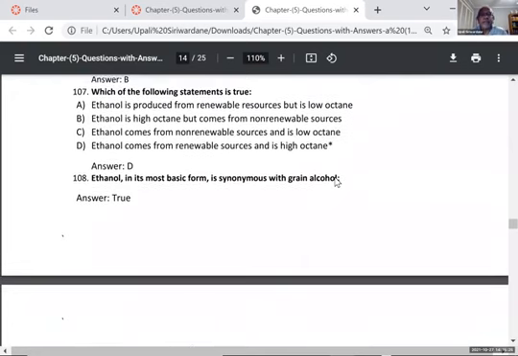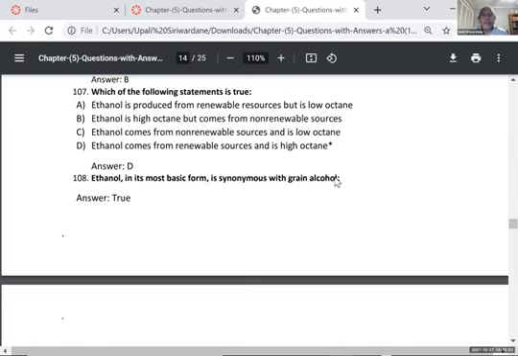Which of the following statements is true? Ethanol comes from renewable energy, is low octane. It is high octane, not low octane.